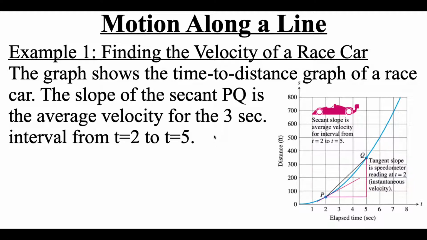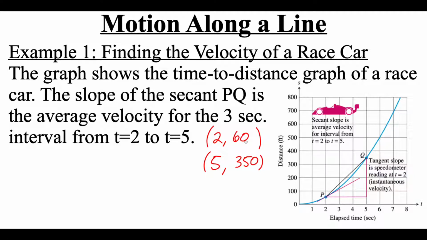So at a time of 2 seconds, if we look, this is maybe a little bit above halfway, so maybe that's 60 feet that we've covered. And then at 5 seconds, that's about halfway between 300 and 400, so we could call that 350. So if we want to find the average velocity, we would look at the change in position.